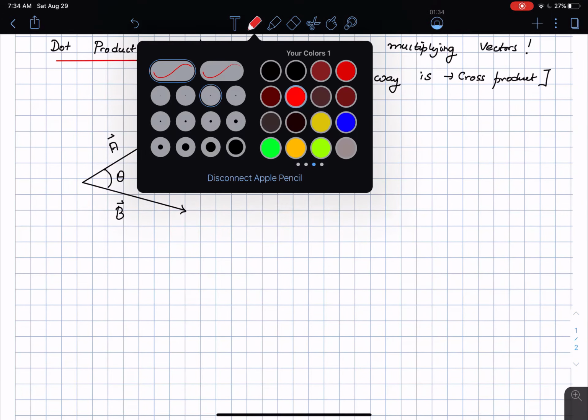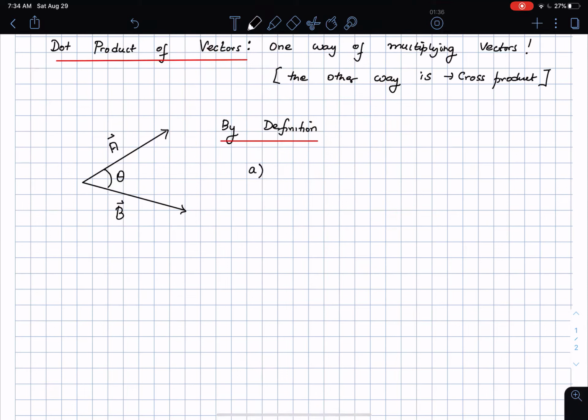By definition, A dot B is given as the magnitude of A, magnitude of B, cosine of the angle between the two vectors.